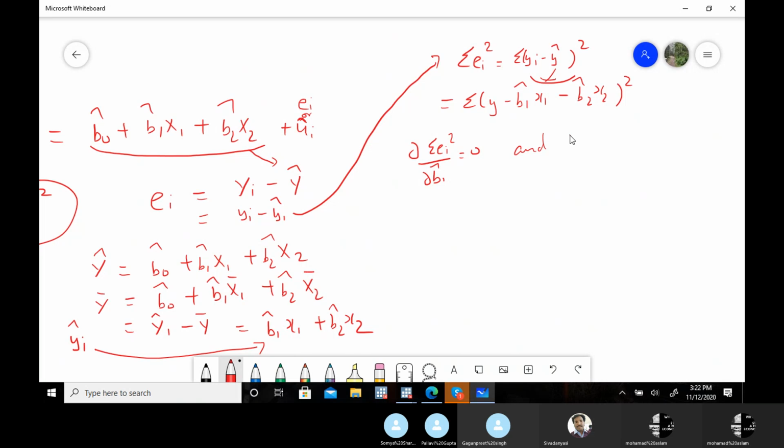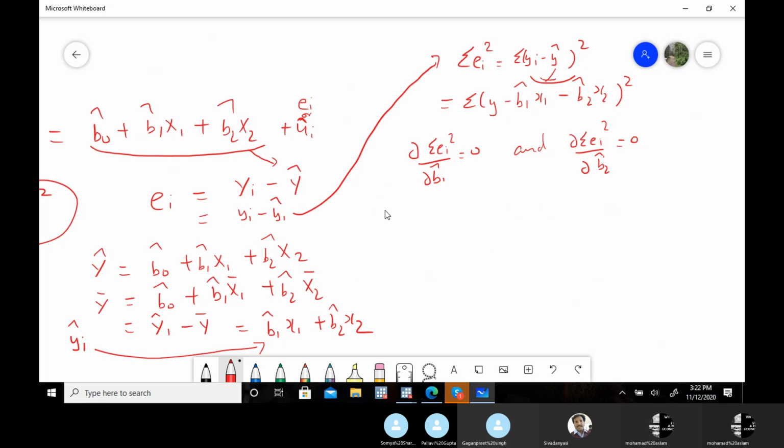Similarly, summation u hat you have to differentiate with respect to beta 2 hat equal to 0. If you differentiate these two with respect to beta 1 and beta 2, then you will get these two normal equations.